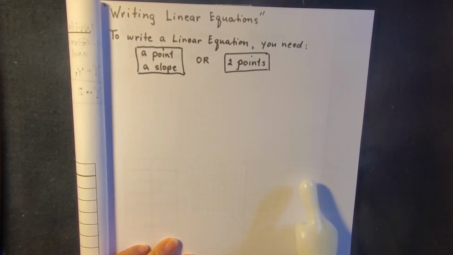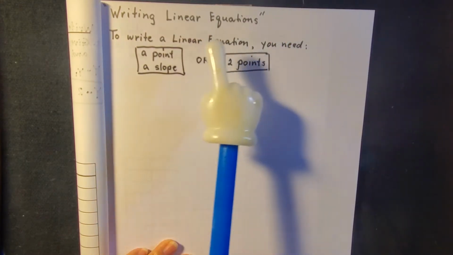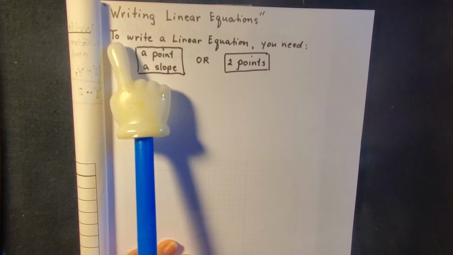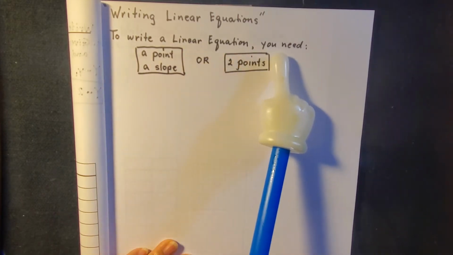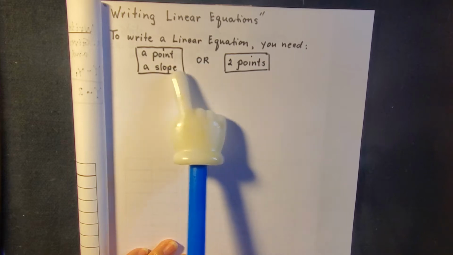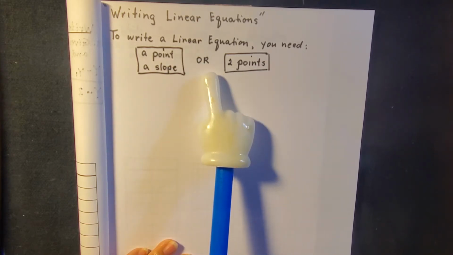Today our lesson is writing linear equations. Before we begin, you need to remember that to write a linear equation you need a point and a slope, or 2 points. Does this sound familiar?